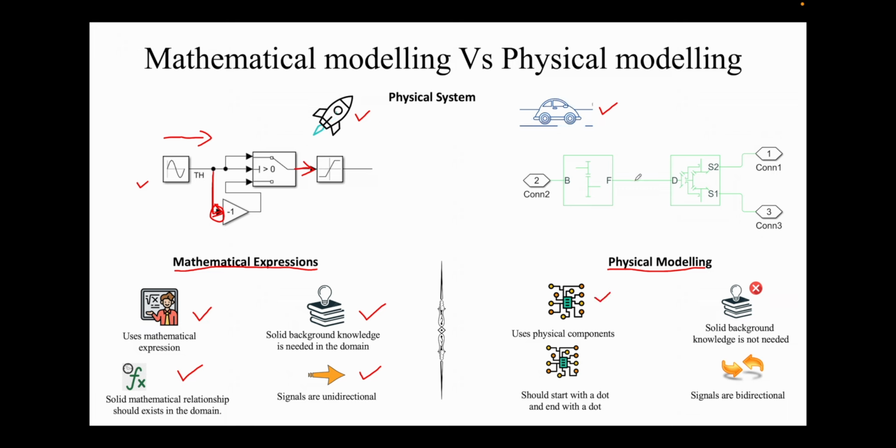This is a simple gear block, and this is a differential block. This is more related to an automobile transmission system. Here you can see we are using these components directly and connecting them.